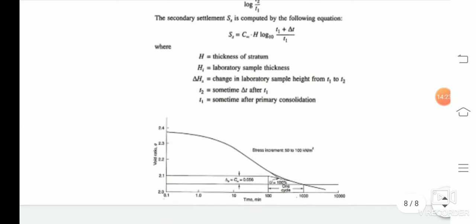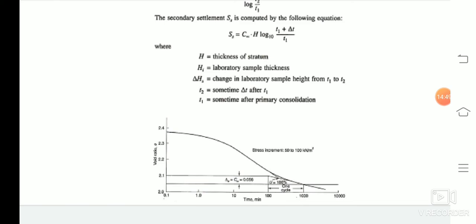So this is the graph of time versus void ratio, where it is shown that with the elapsing of time there is a very small increment in the settlement. Hence the value of the secondary settlement is comparatively neglected. Only in the case of organic soil does this settlement come into account.